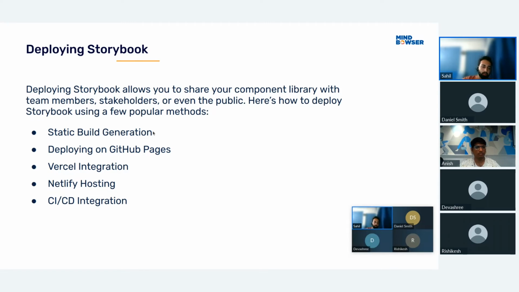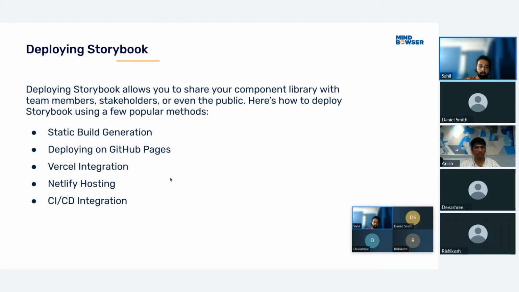The last one is CI/CD integration. For larger teams or more complex projects, integrating Storybook deployment into your CI/CD pipeline ensures that your component library is always available and updated with the latest changes. This approach automates the deployment process and reduces manual effort.